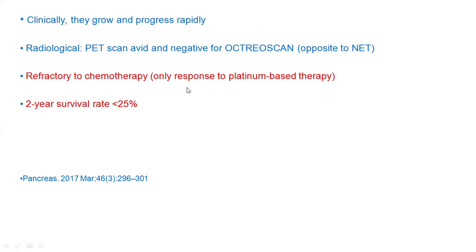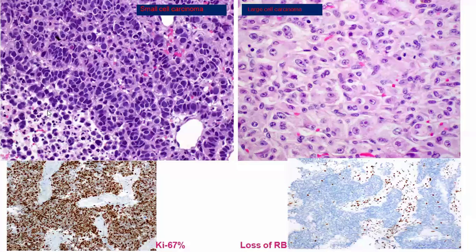Why is it important to differentiate these two entities? Because neuroendocrine carcinomas are highly refractory to chemotherapy and only respond to platinum-based therapies, and their survival rate is very low, seen in less than 25% of people. The survival is hardly 2 years.